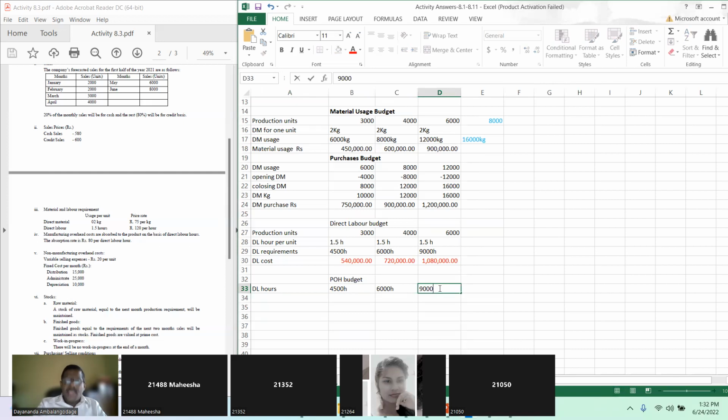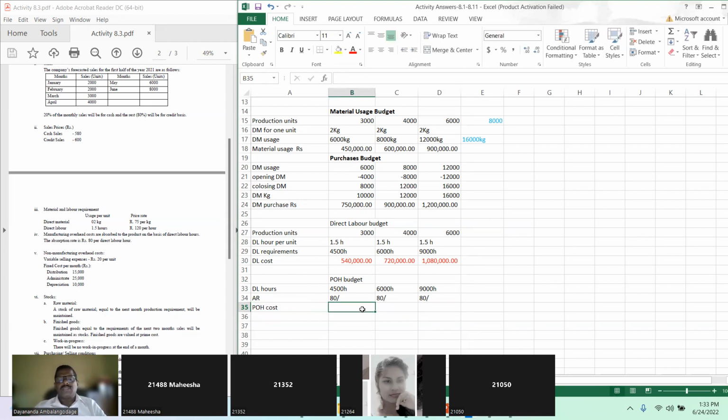And the absorption rate is 80 rupees per labor hour, so 80 rupees absorption rate.